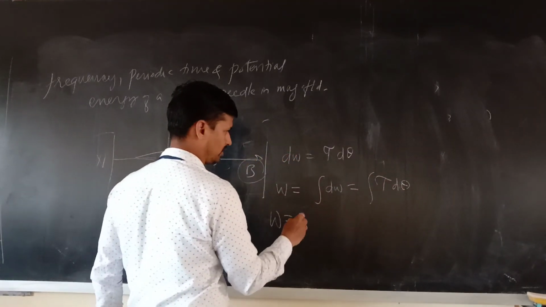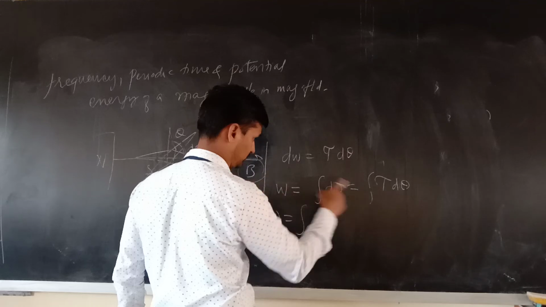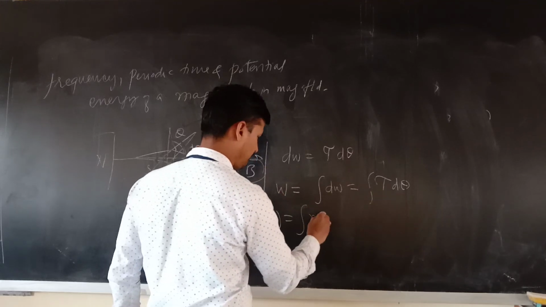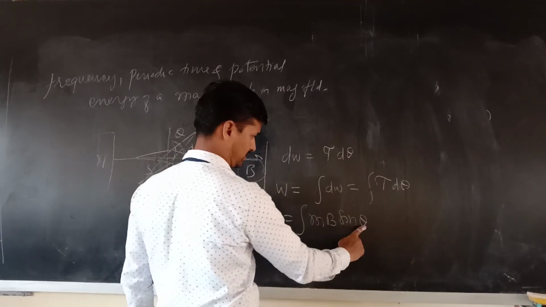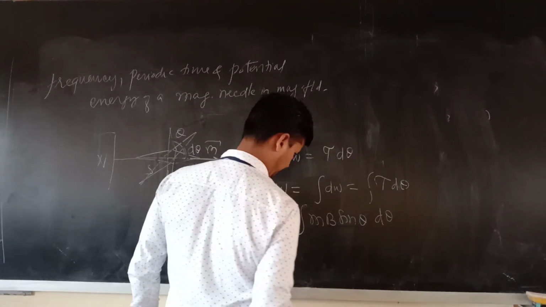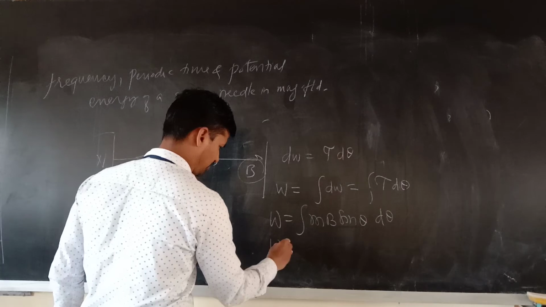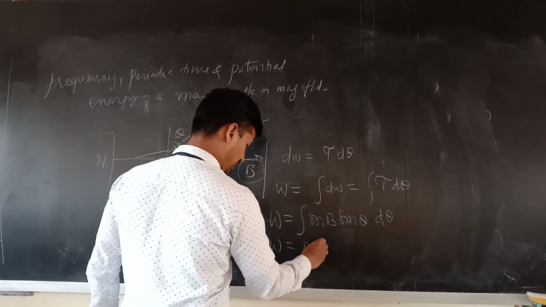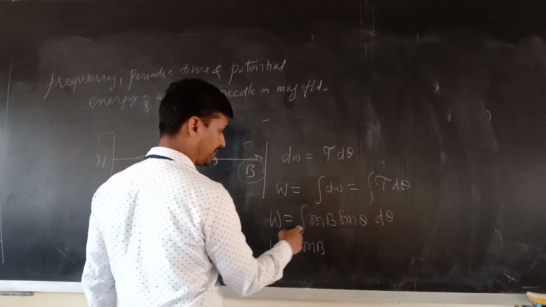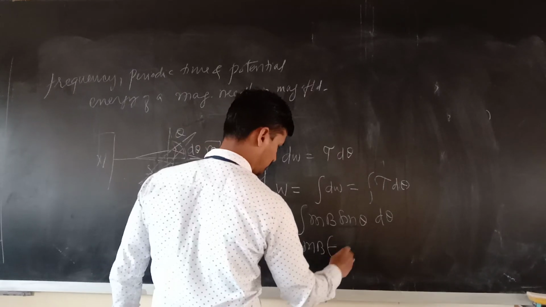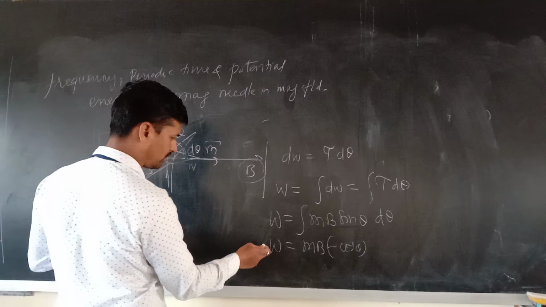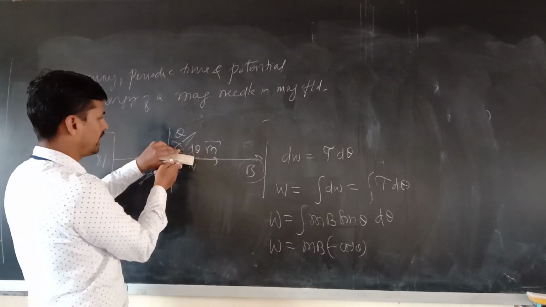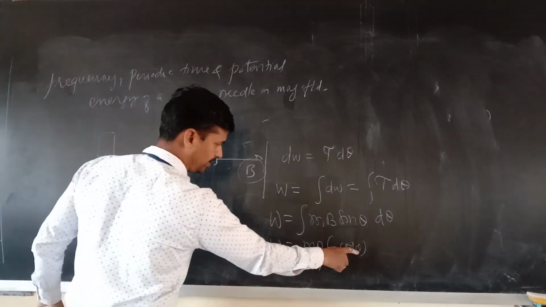Tau is equal to mB sin theta, torque is mB sin theta, standard formula. dθ as it is, work is equal to mB as it is, integration of sin theta is minus cos theta. So this is the work done to twist it by an angle of theta.